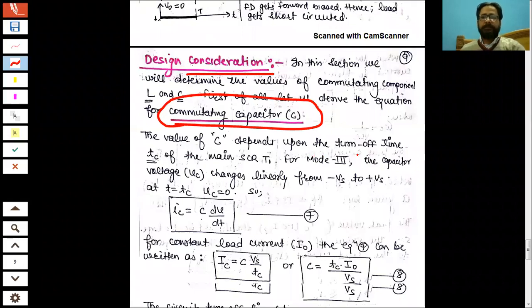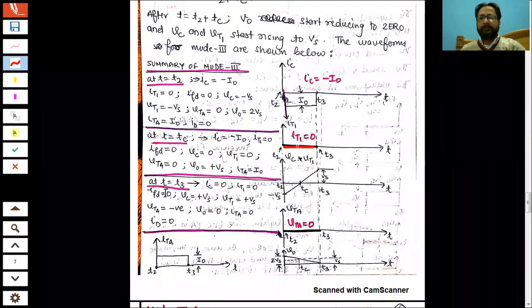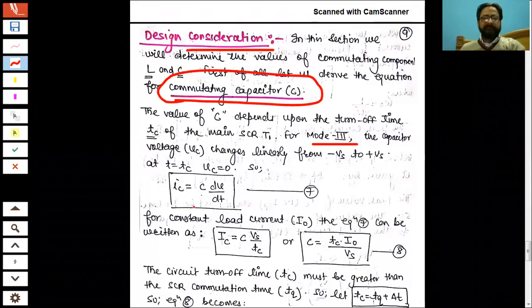For mode 3, the main SCR is off because the main current is 0 here. The capacitor current, or charging current, is C dV by dt.